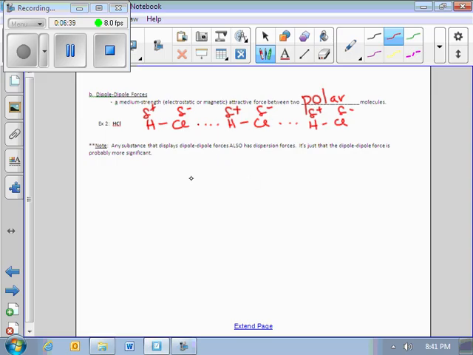So it's a little bit stronger than dispersion because it's an actual polar molecule, whereas in dispersion, it's just the electrons shifting to one side versus the other, okay? So keep in mind that any substance that has dipole-dipole forces, that's a polar molecule, also has dispersion forces, okay? But since dipole-dipole forces are stronger, they're going to be more significant than the dispersion forces, okay?